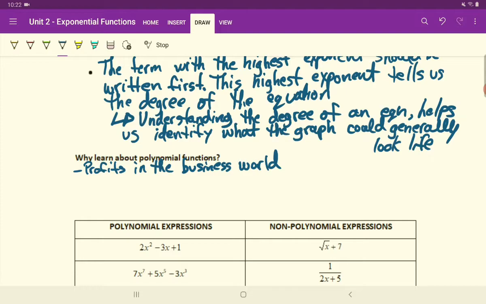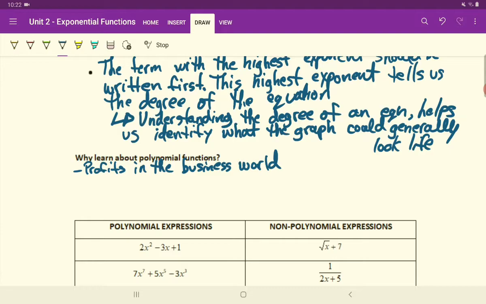And so why is that important? Well, it helps companies make predictions, right? So if you are able to model what your profits were like on a certain product or whatnot, if you were able to model it with a polynomial equation, meaning it's following a pattern of a polynomial equation, that helps you make predictions in the future.